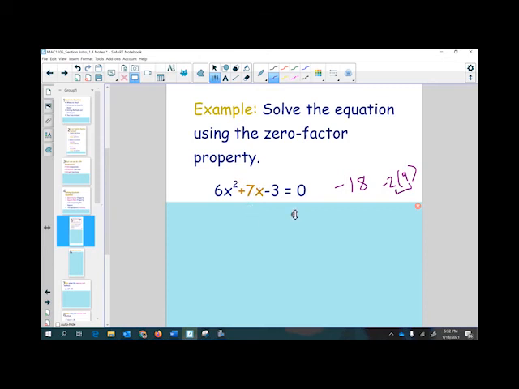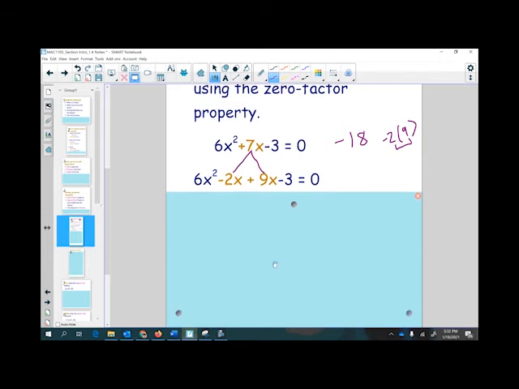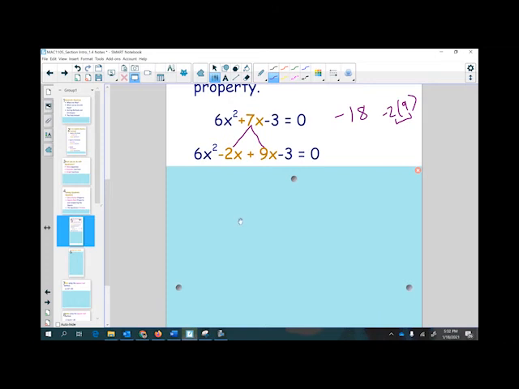So I'm going to rewrite the middle term. I've taken this 7x and rewritten it into two terms, one with the negative 2 as a coefficient and one with the positive 9 as a coefficient. Now that I have that stretched out, I can group these items together.